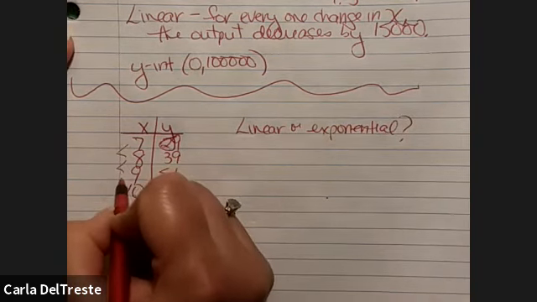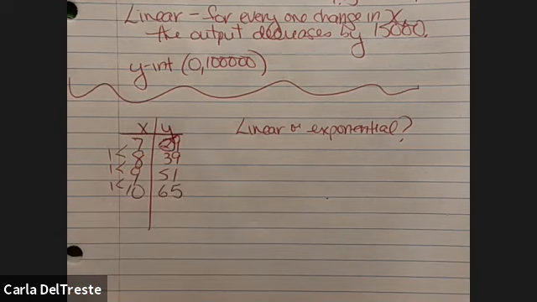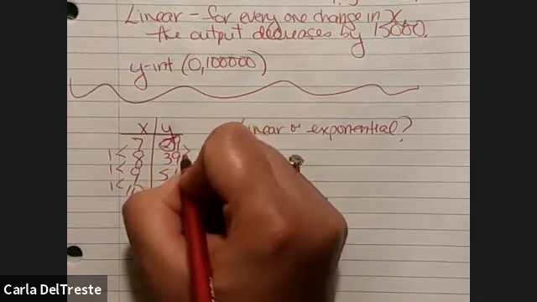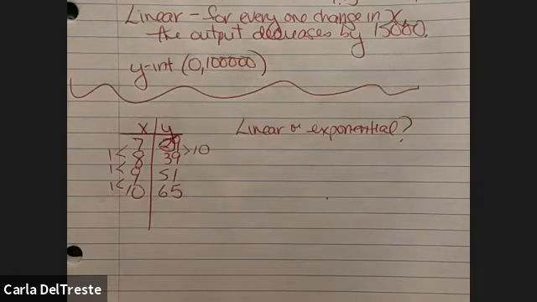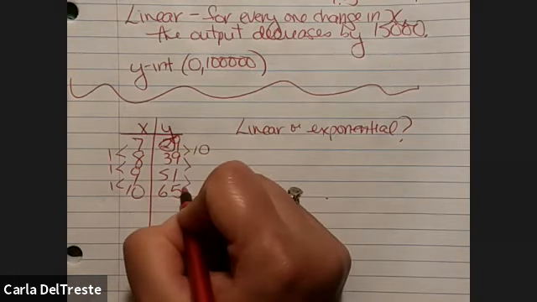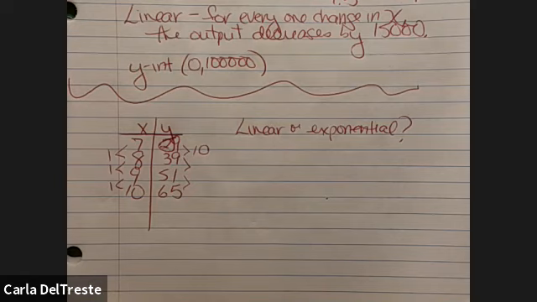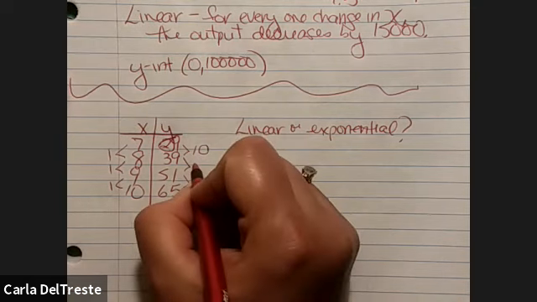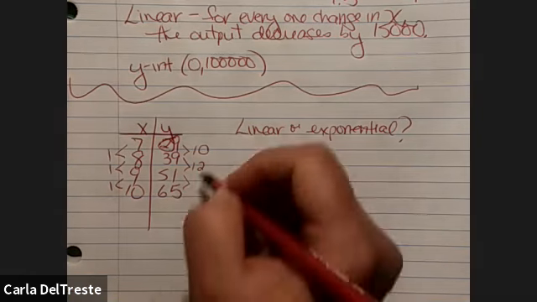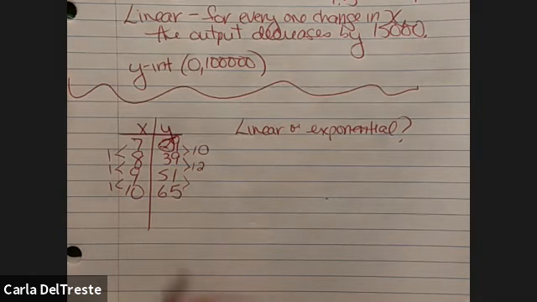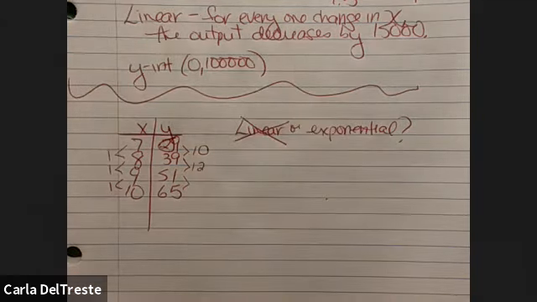These are all changing by ones. It's a good start. Easier to spot a pattern that way. This changes by 10. I can already see it's not the same change. It changes by 10, and then it changes by 12. I don't even have to go any further. It's not the same change, so it can't be linear.